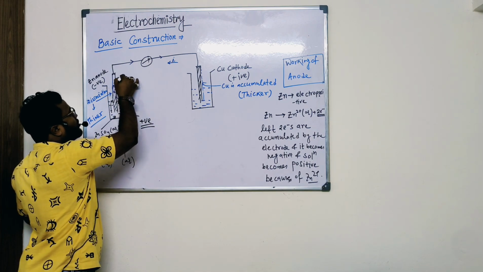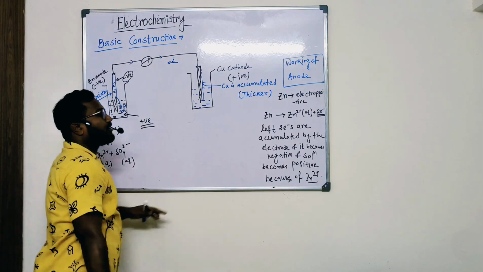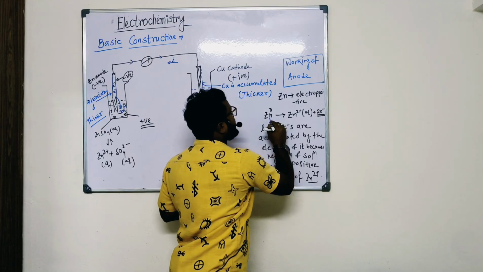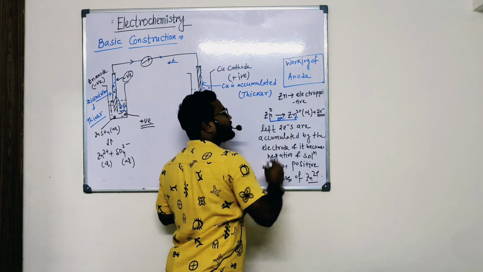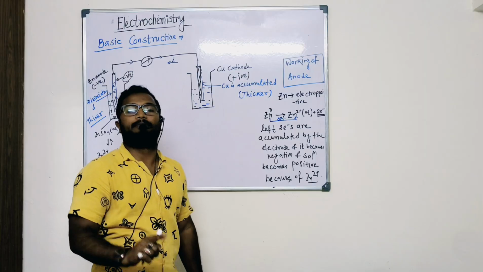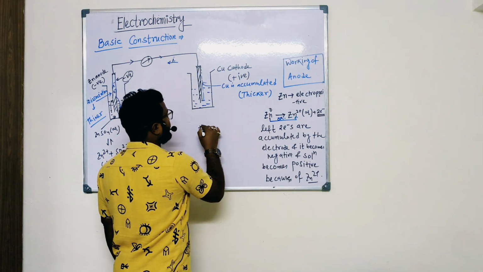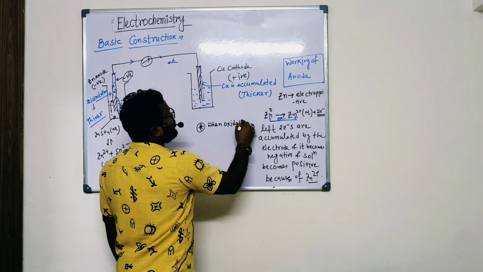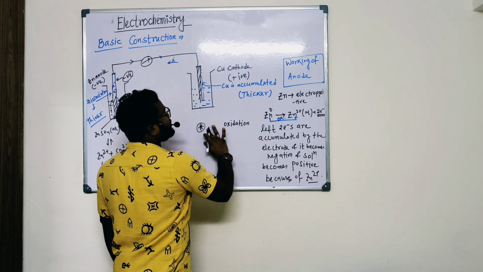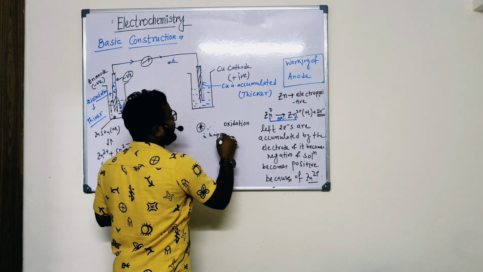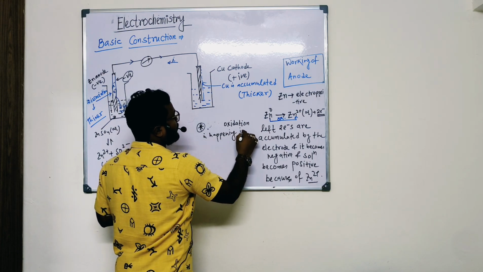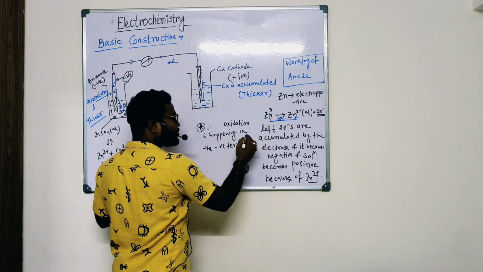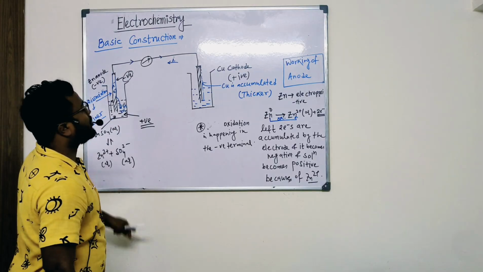But this electrode is negative in nature. Whenever zinc goes to Zn2+, it is 0 to 2+. This process is considered as oxidation. So whenever oxidation is happening in the negative terminal, we consider the anode as negative.